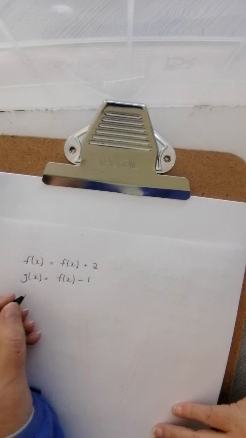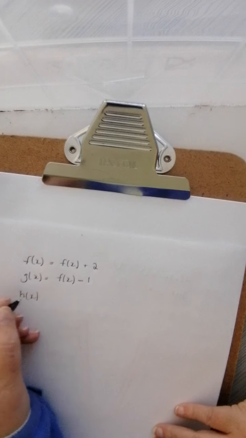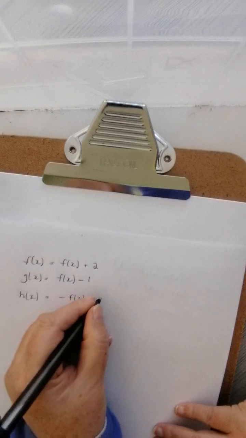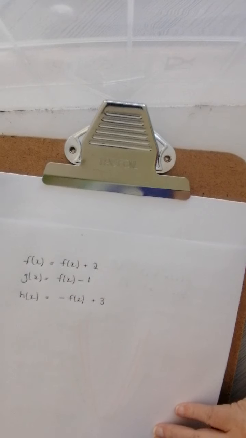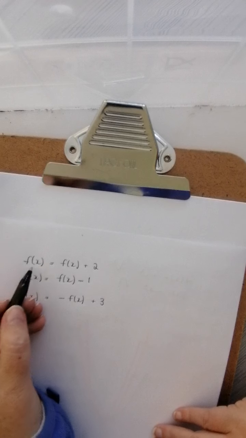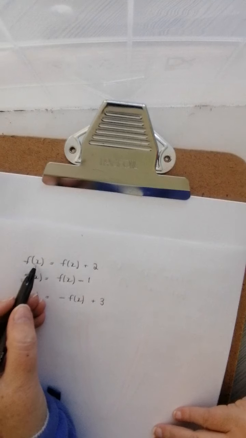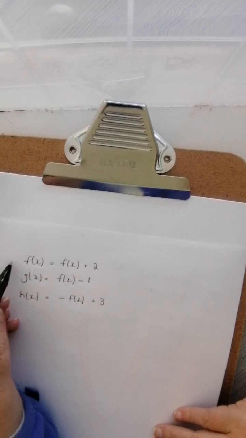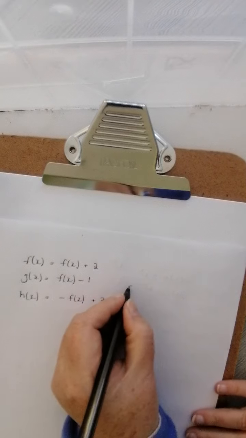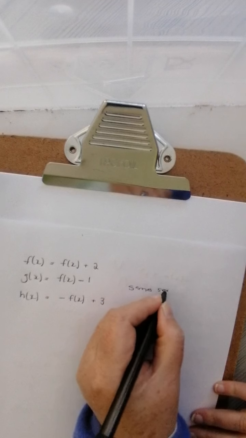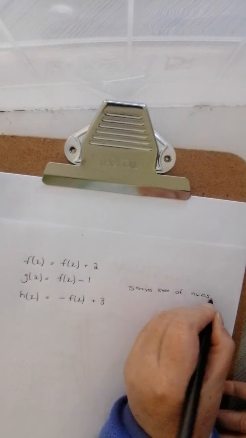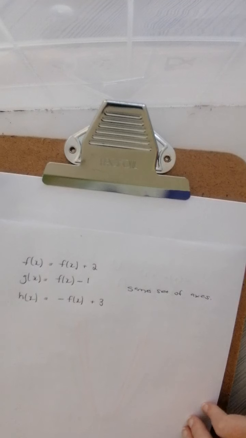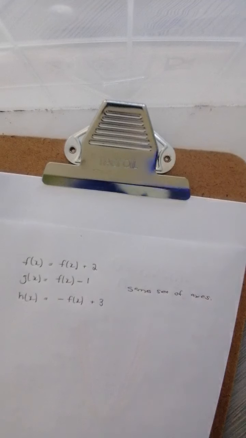Okay, and let's do hx is equal to minus fx plus 3. Okay, remember, do for the values minus 3, minus 2, minus 1, 0, and 1, 2, 3. For those three on the same set of axes. Right, I'll give you a day to do that and then we will mark it. Okay, have a good day, grade 10s.